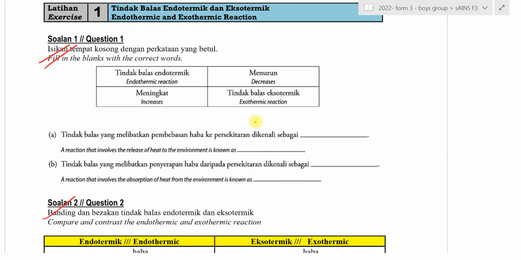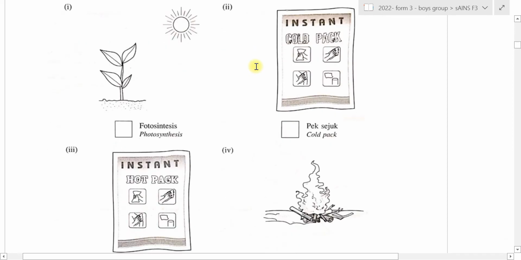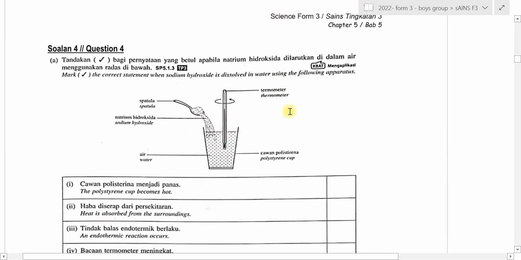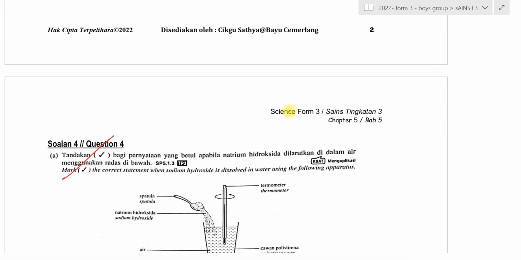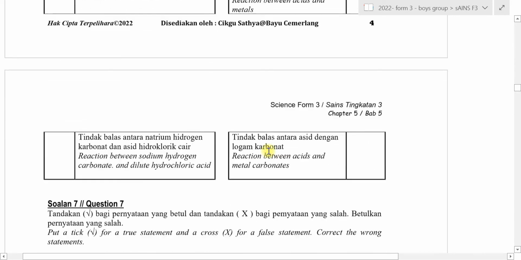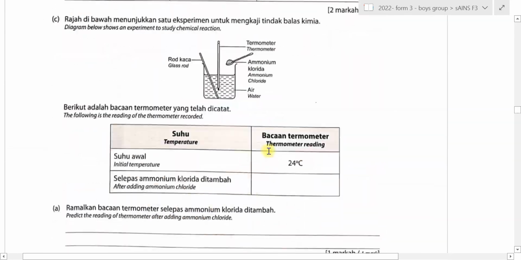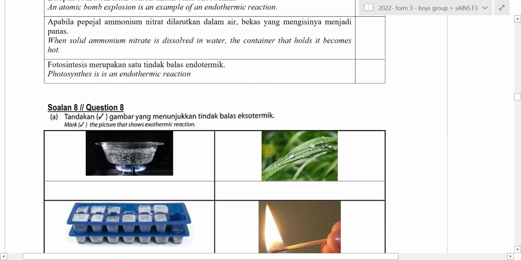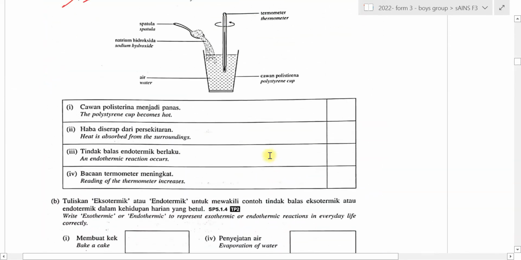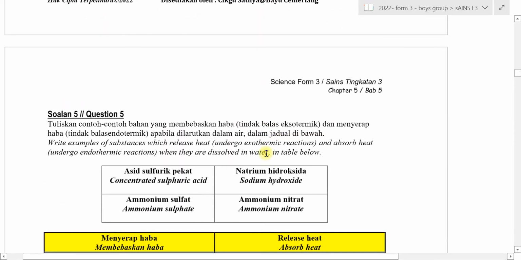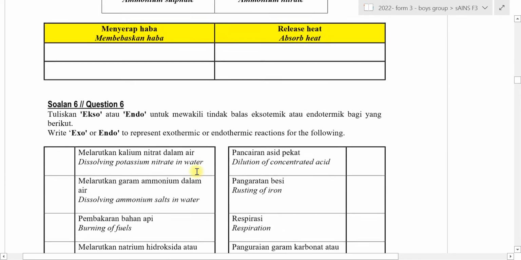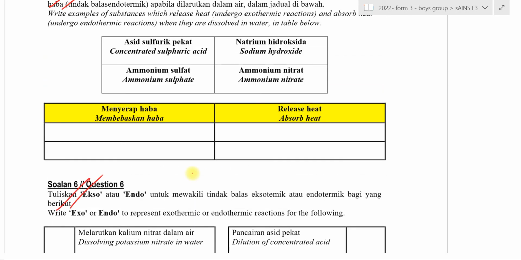Question 1 you can do, question 2 you can do, question 3, question 4, and then question 5, question 6, and then question 7.